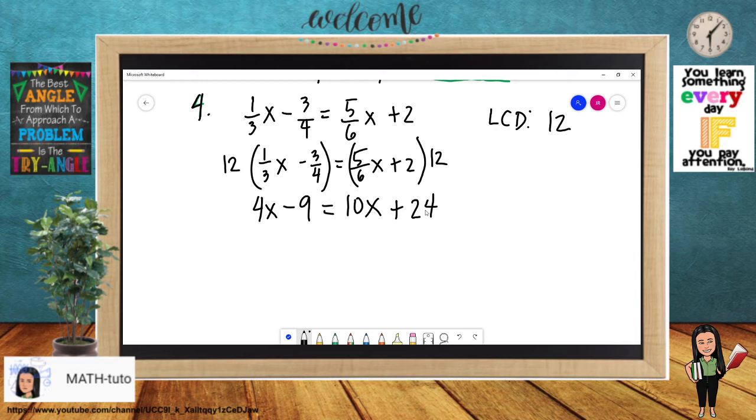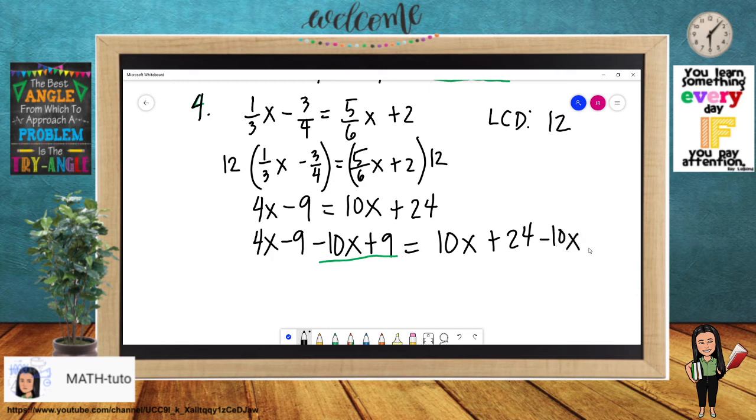Yan. We now move all the variables on one side and all the constants on the other side. 4x minus 9, kailangan tayong mag-add ng negative 10x or subtract 10x. Okay, and then add 9. Ito yung dinagdag natin. Sa other side, 10x plus 24, yung dinagdag natin, negative 10x plus 9.